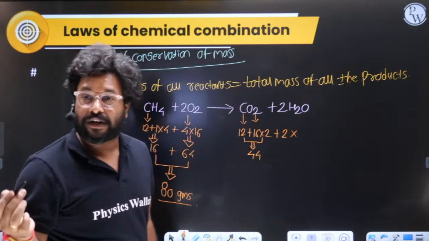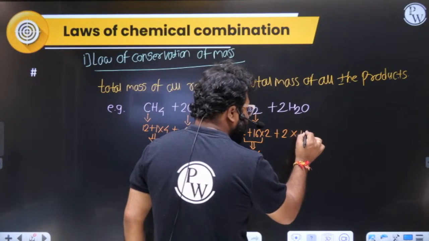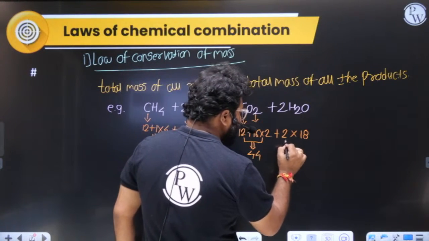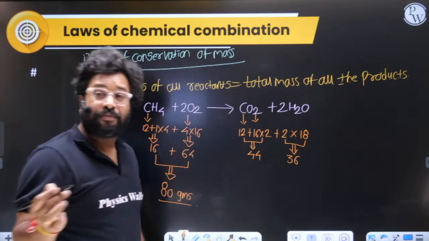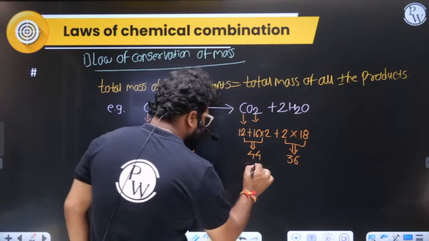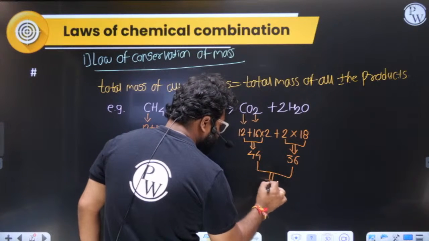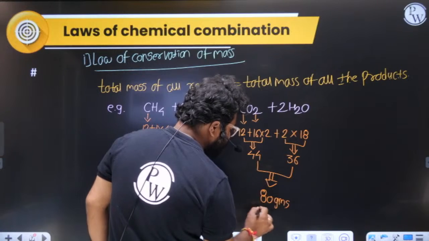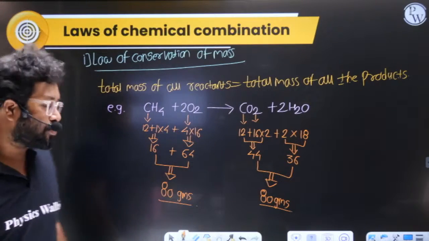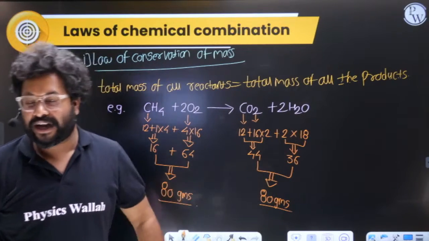Molecular mass of water is 18. 2 into 18 comes out to be 36. So 44 plus 36 again comes out to be 80 grams. So that's how the law of conservation of mass is verified.